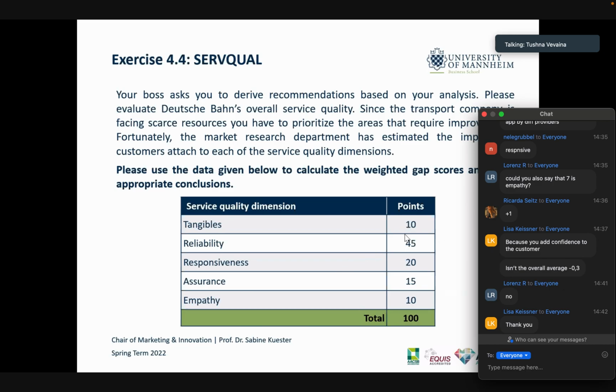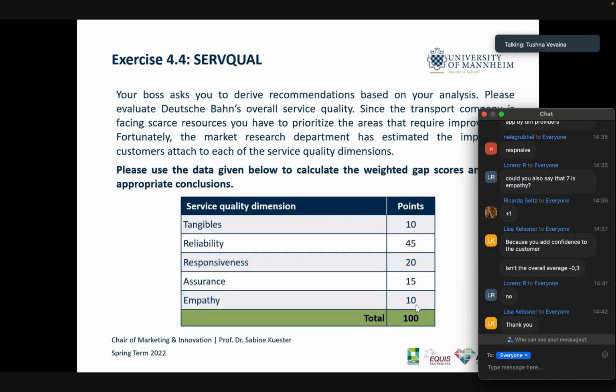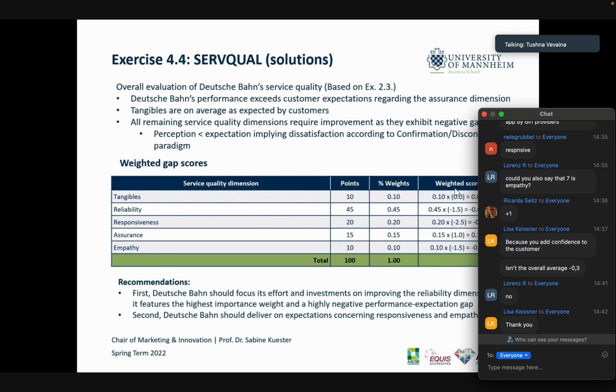So what we will do is take the points for each of these and multiply it by our average gap score that we got for each. So what we have is all the first figures over here are your weights: 0.10, 0.45, 0.20, 0.15, and 0.10. We got this from this table. Basically 10 divided by 100, 45 divided by 100, as we can see here.